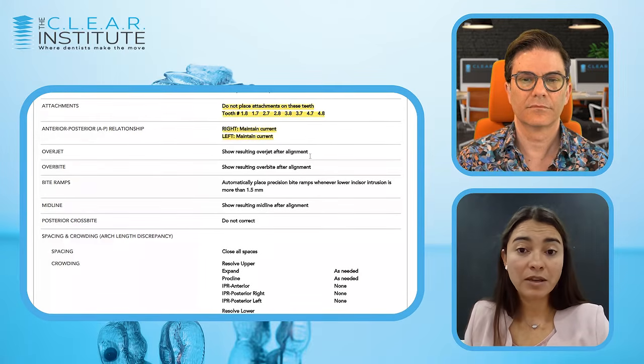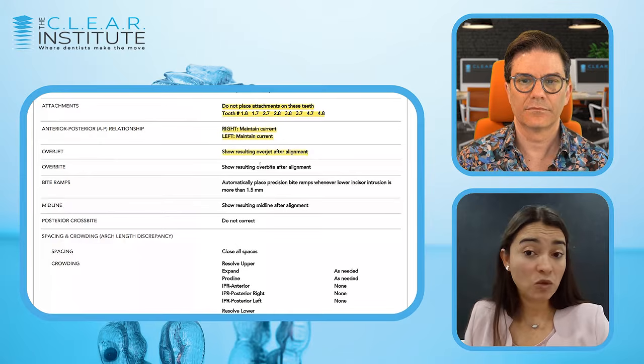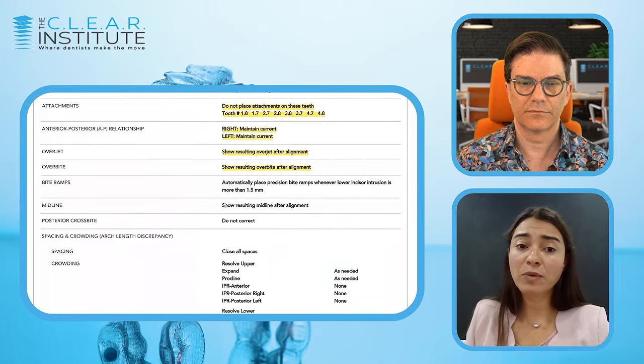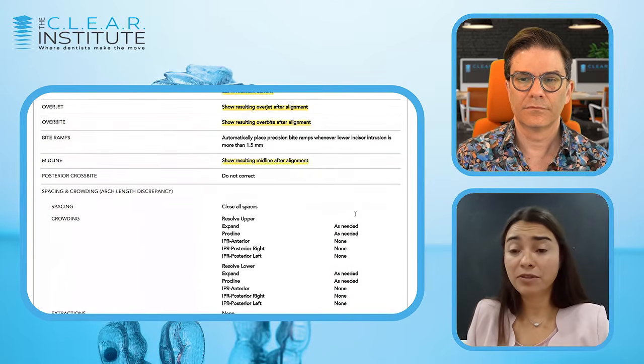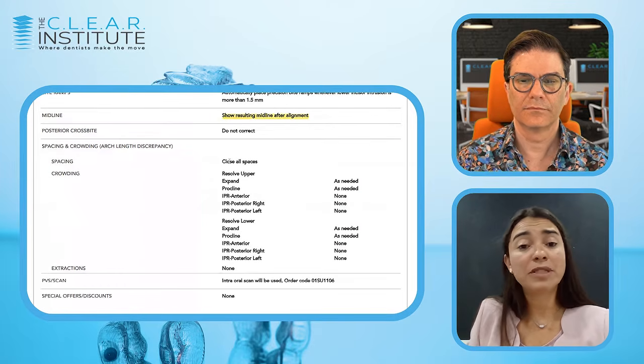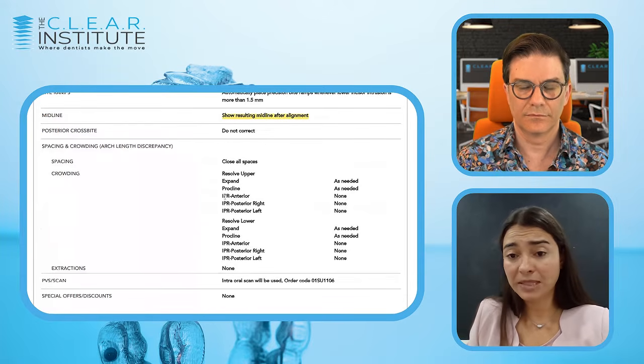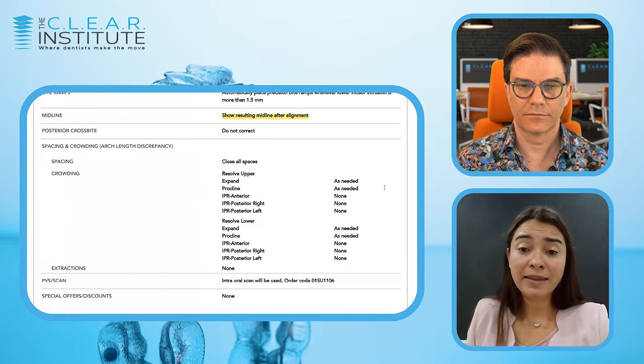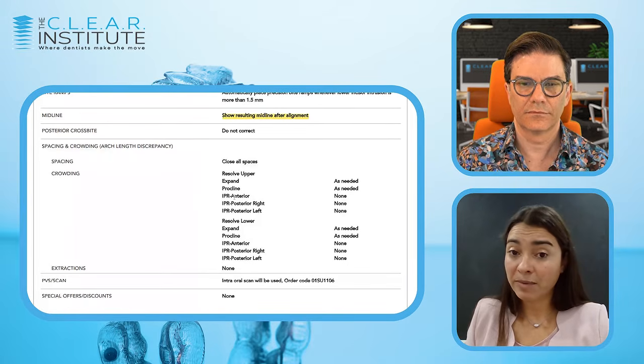The resulting overjet and overbite is to be shown, and the midline as well. We also evaluate if the doctor has any specific preferences regarding IPR, expansion or proclination. The doctor doesn't want to do IPR for this patient, and there are no more special instructions in this case.